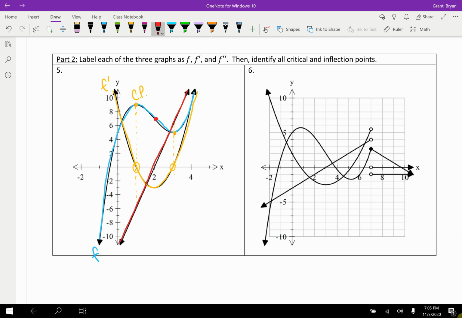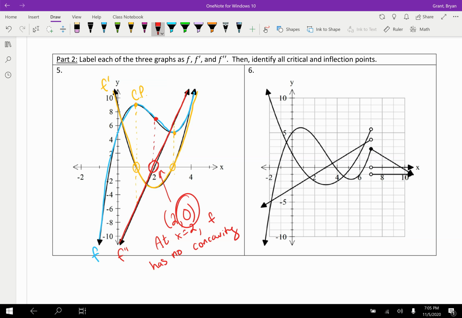What sort of connections do we have? Well, first, look at that. X-intercept on the red graph, which by now hopefully you're thinking is f double prime, and that is also not a shock. On the red graph, on f double prime, that's the point (2, 0). So although you could say at x equals 2, f double prime is 0, you're right, but what we're really saying is at x equals 2, f has no concavity.